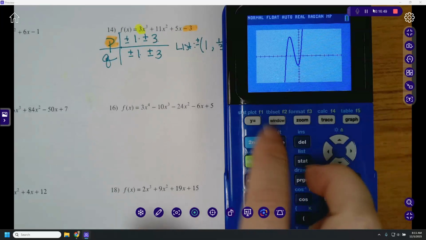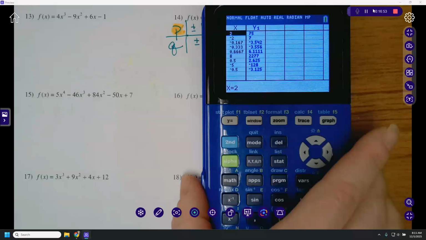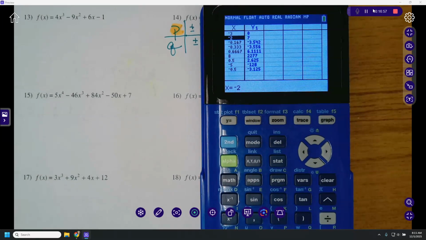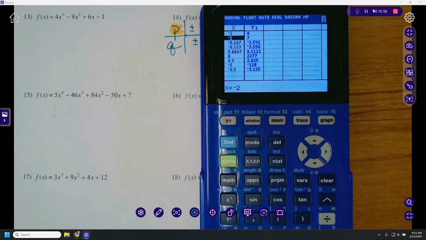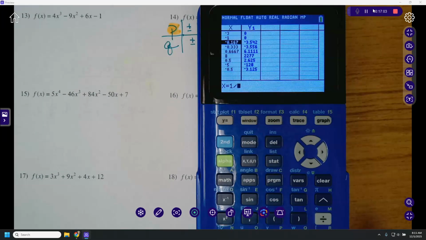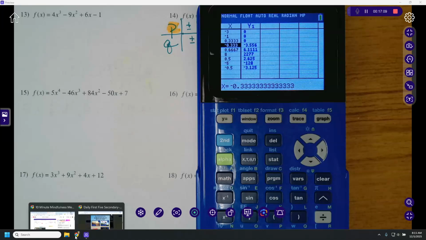On Decimus, you're going to be able to click on them to tell that, obviously. The graphing calculator is a little harder, but this is where I told you I can't show you this. I just don't have enough time. We said -3. That is definitely a 0. You can use the table function. What did I say? -1? And then 1/3. Okay. But let's look at Decimus a minute.